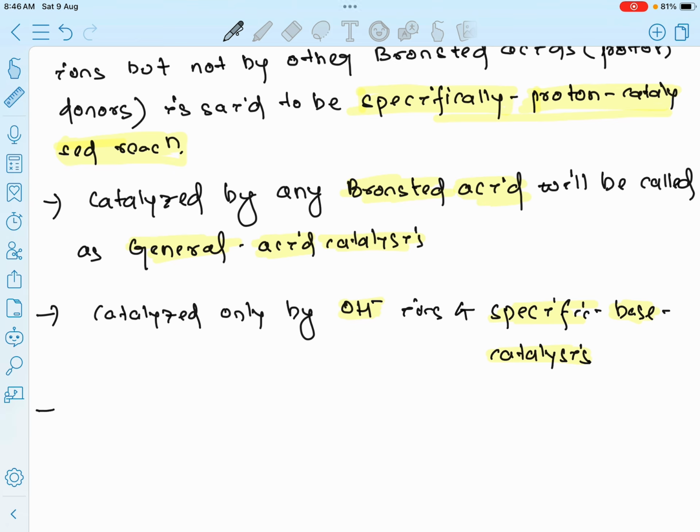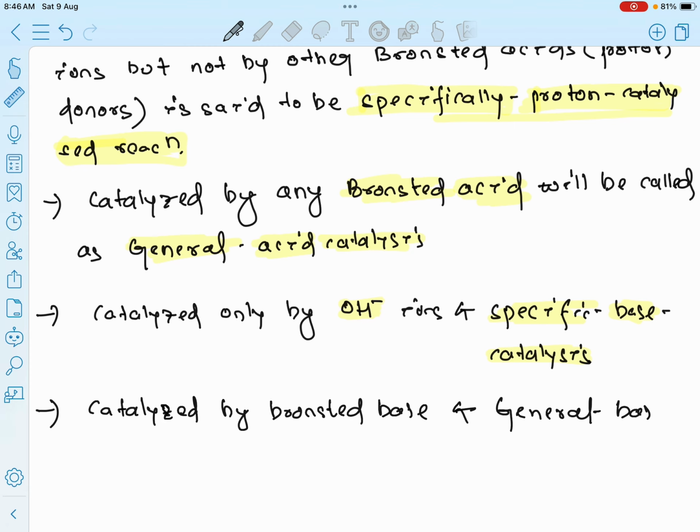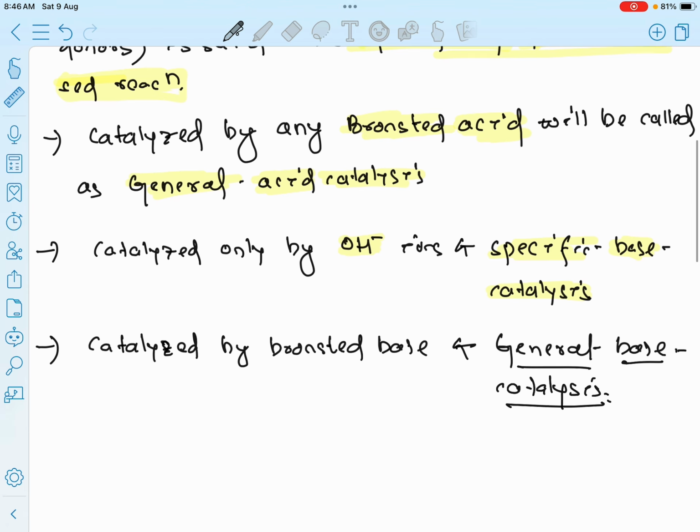Similarly, if a reaction is catalyzed by a Bronsted base, then it is said to be a general base catalysis reaction.